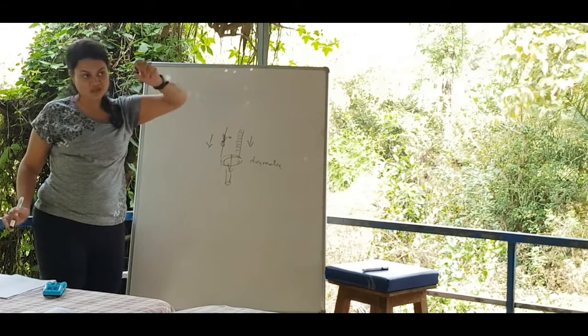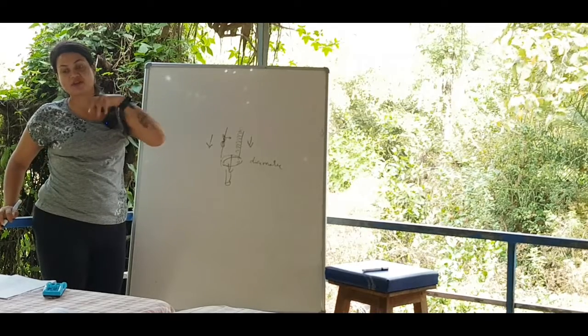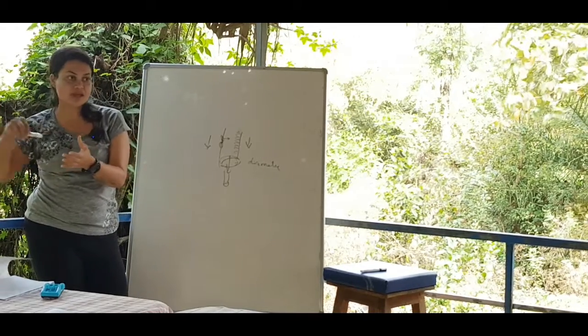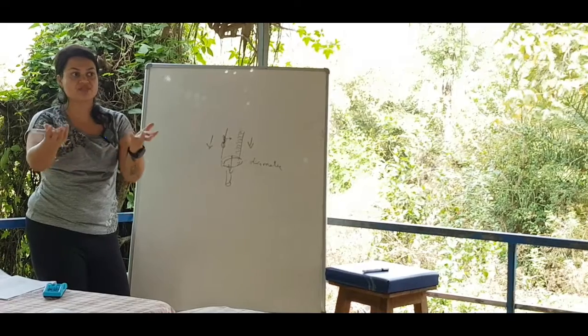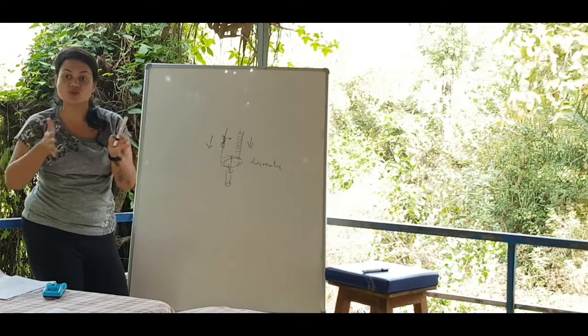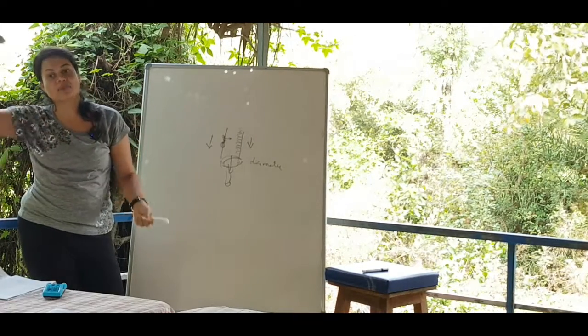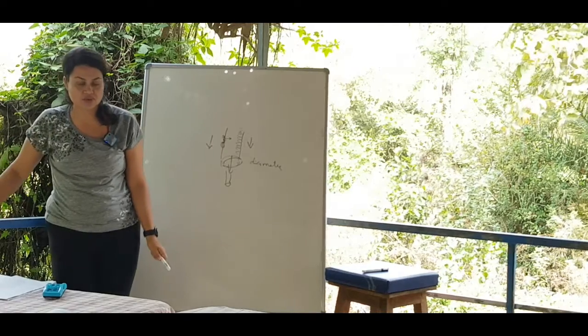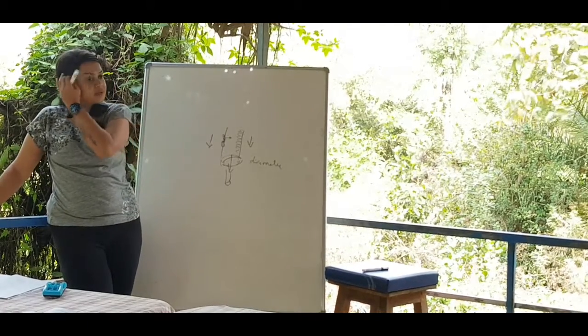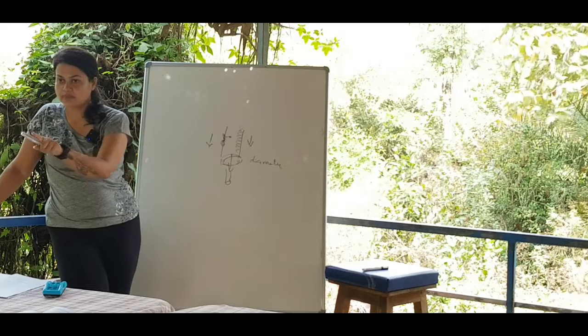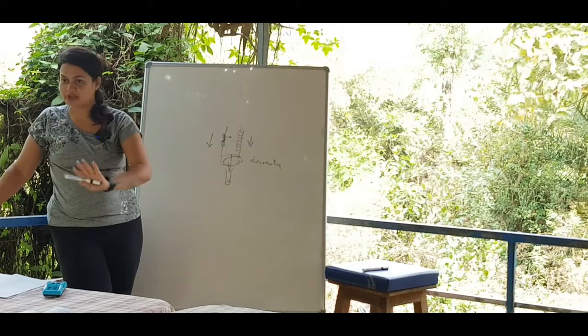The diameter gets decreased and the thing which is passing through the pipe has high pressure. My wall has to exert more pressure, so my blood pressure goes high. Irene, do you have any doubt? No. Clear? Yeah. Hypertension is clear? Okay.